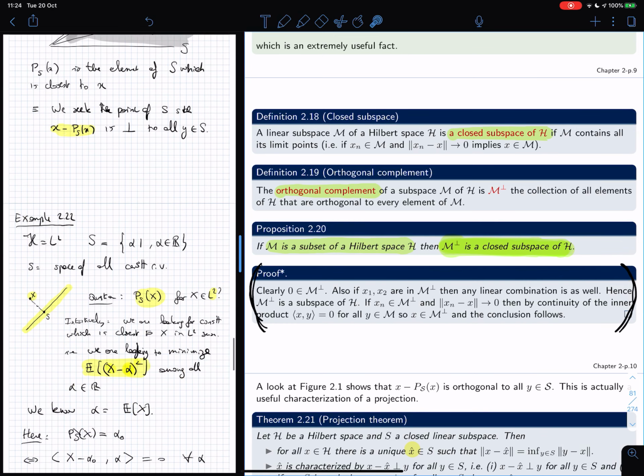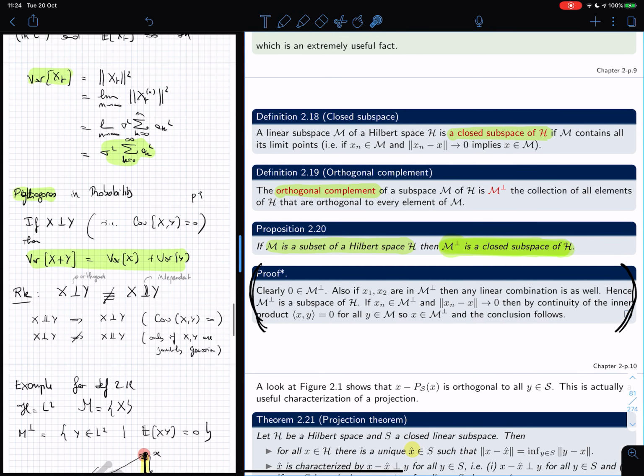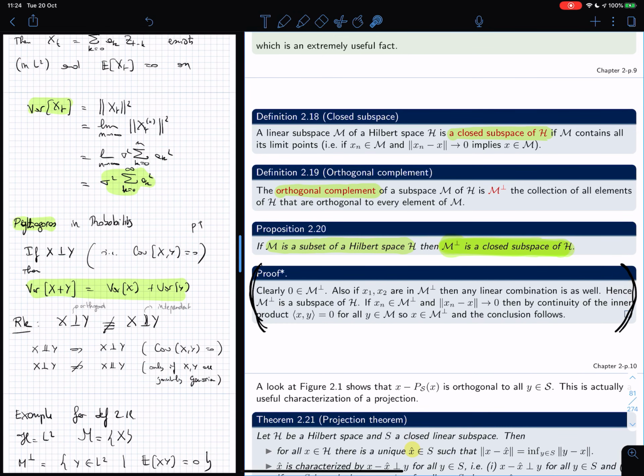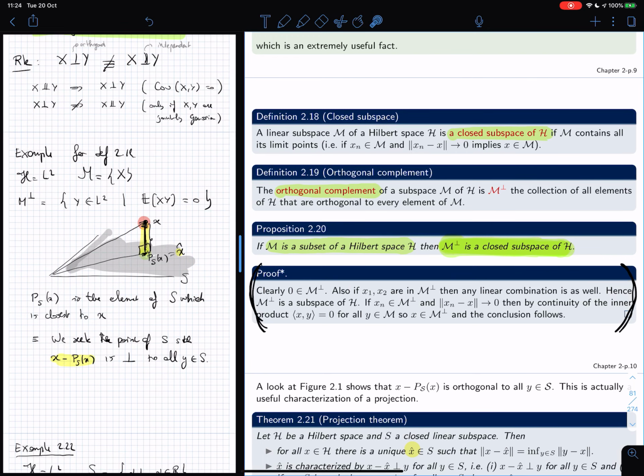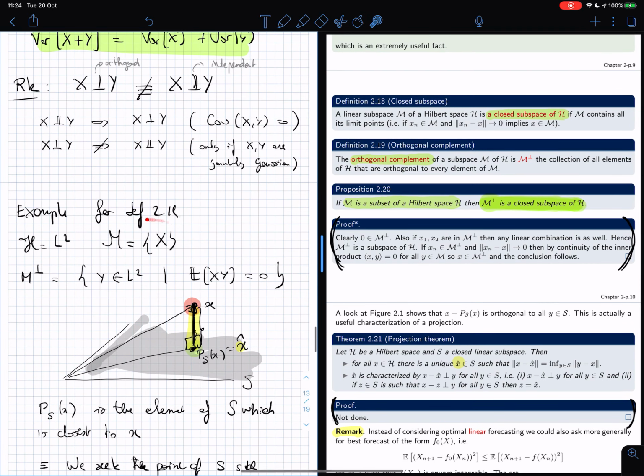So for example, if we take our space M to be just one random variable x, what is the orthogonal complement of M? Well, it's all random variables that are orthogonal to x.